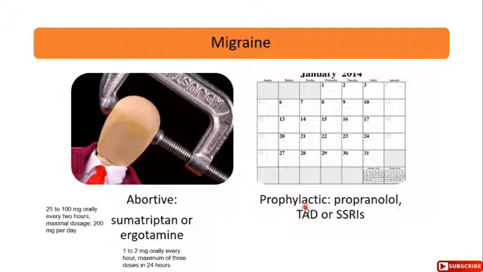So again, if you have more than 4 attacks per month, you have to start prophylactic therapy. And what can you use here? Propranolol, some tricyclic antidepressants, or the SSRIs. So remember, abortive is for an acute attack, and prophylactic if you have more than 4 attacks in 1 month.